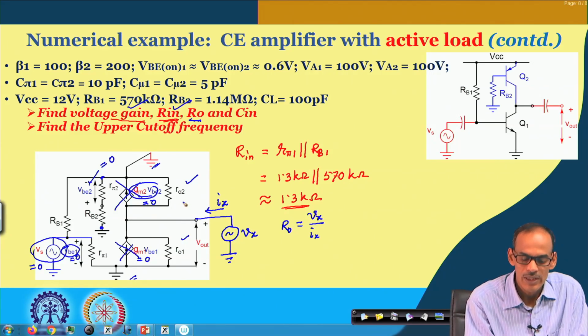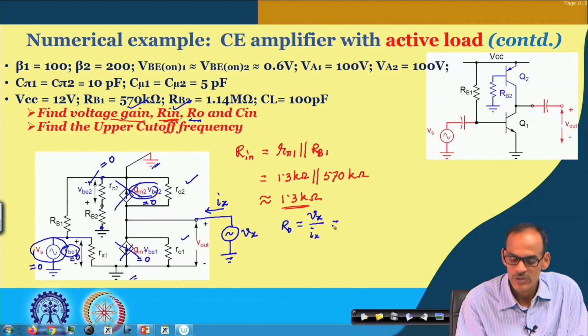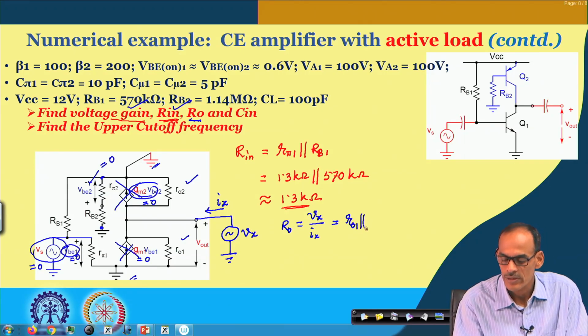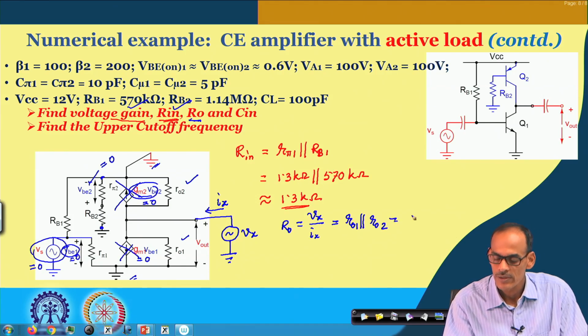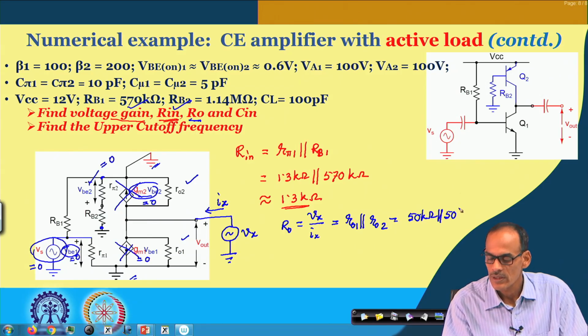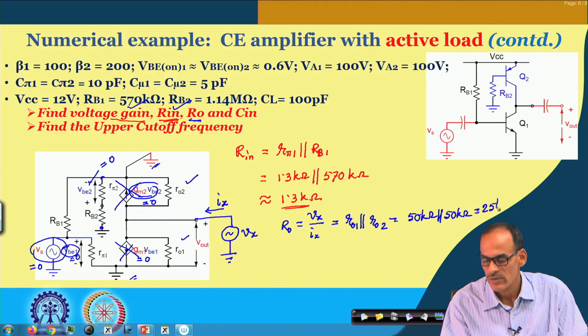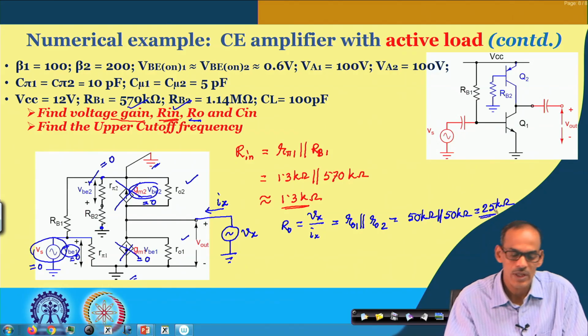In fact, directly you can say that Rout is equal to Ro 1 in parallel with Ro 2, and both of them are 50 k. So, 50 k in parallel with 50 k gives us 25 kilo ohm. So, that is the output resistance.